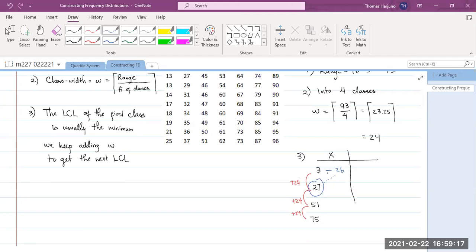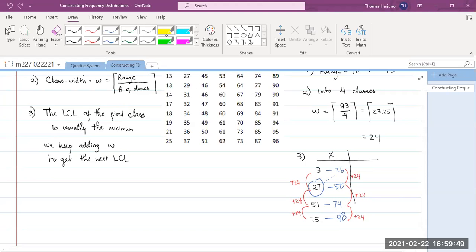Now from that 26, you keep on adding the class width again. You add 24, you add 24, you add 24. So this will be 27 to 50, this is 51 to 74, and this will be 75 to 98.